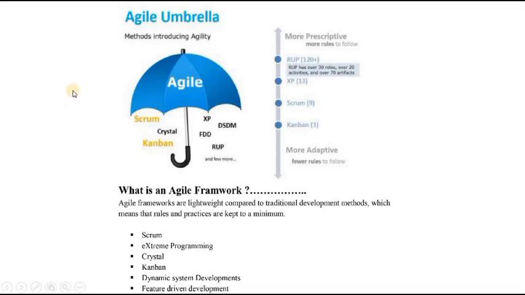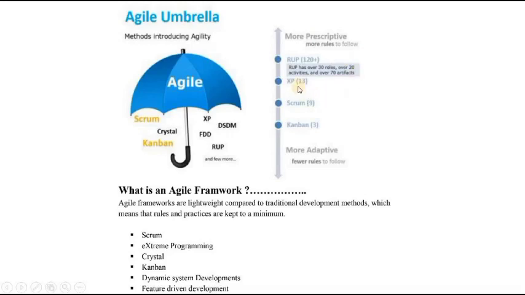My next slide. This is the Agile umbrella. Below the umbrella are some methods: Scrum, Crystal, Kanban, XP, FDD, DSDM, RUP. There is an arrow. Above is more prescriptive, more rules to follow, and below is more adaptive, with fewer rules to follow.